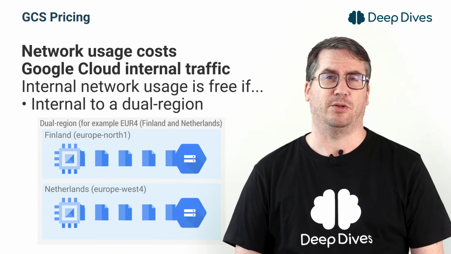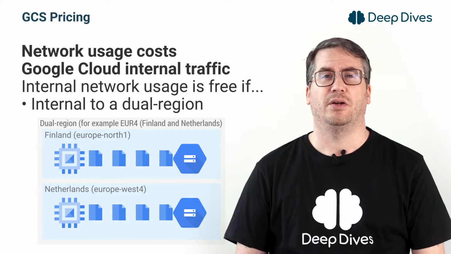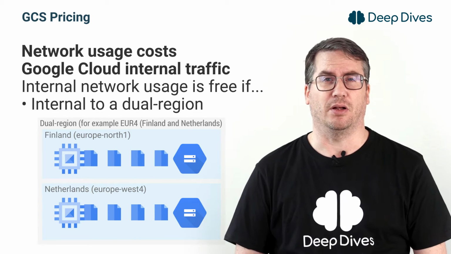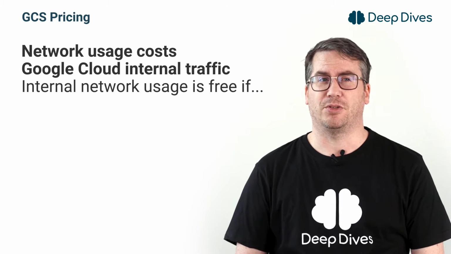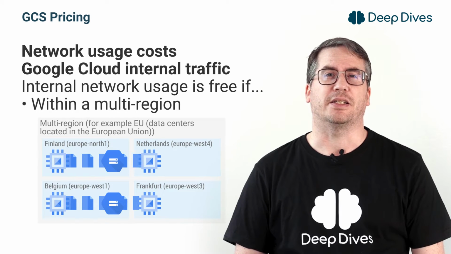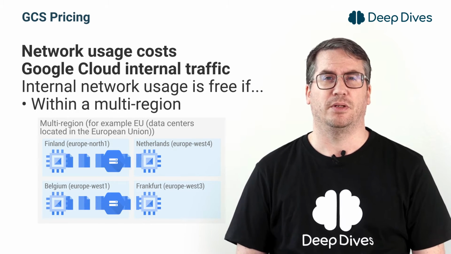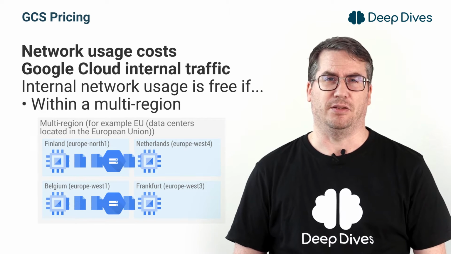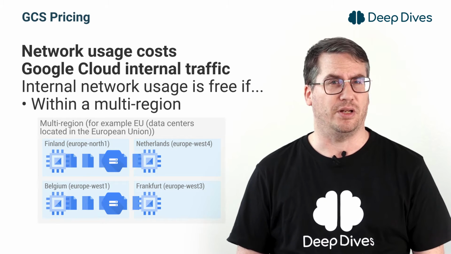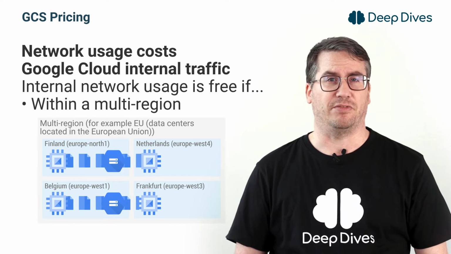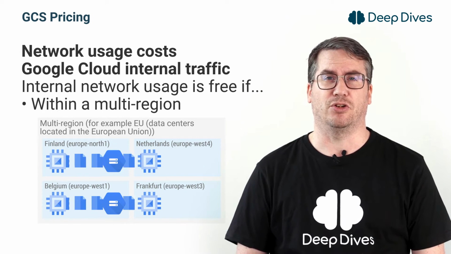In that case, the consumer can be in either one of the two regions that the dual region consists of. Or also a multi-region data access is considered to be local. So if your consumer is in any of the regions that comprise the multi-region, that traffic is considered to be internal and thus free.